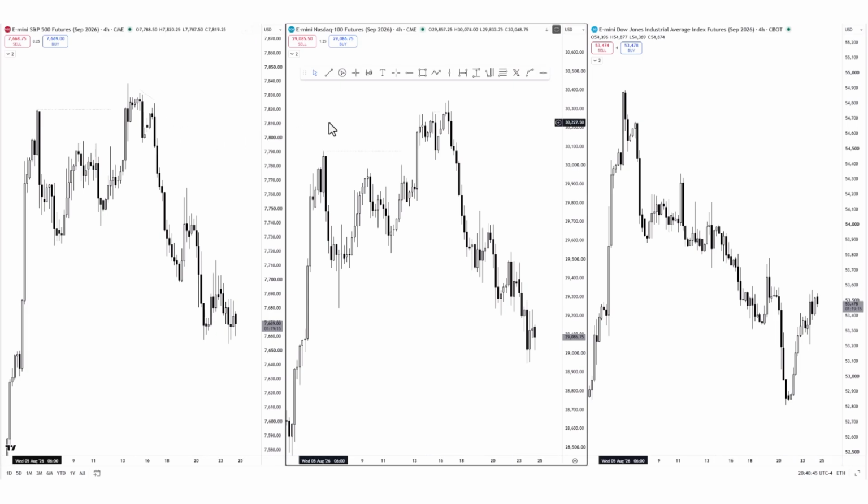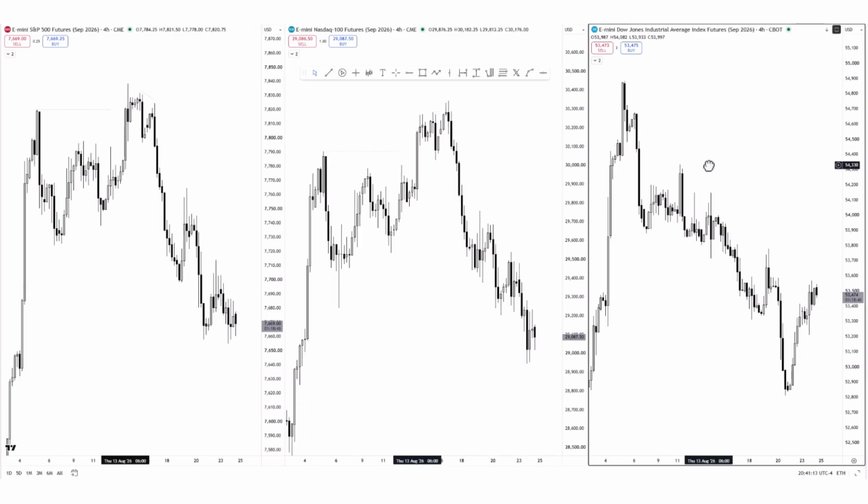Here, for the Nasdaq, we can see that the first stage is very similar. We have a run on stops, but then what occurred? The second stage was a turtle soup here. So here we have the first stage being the same, and the second stage being a cracking correlation.